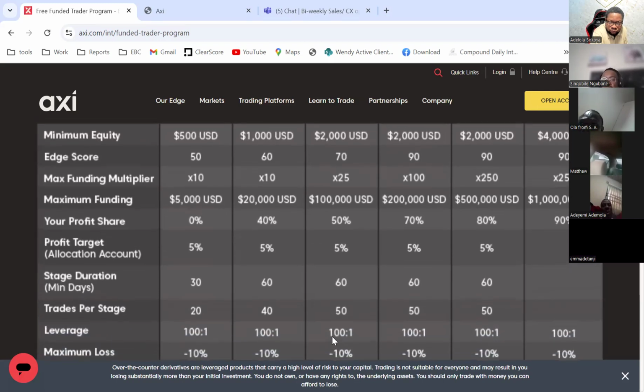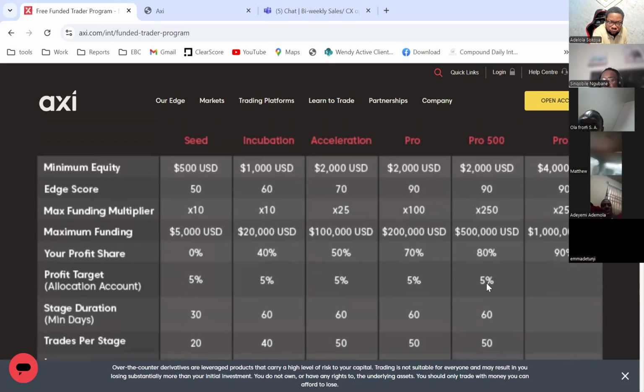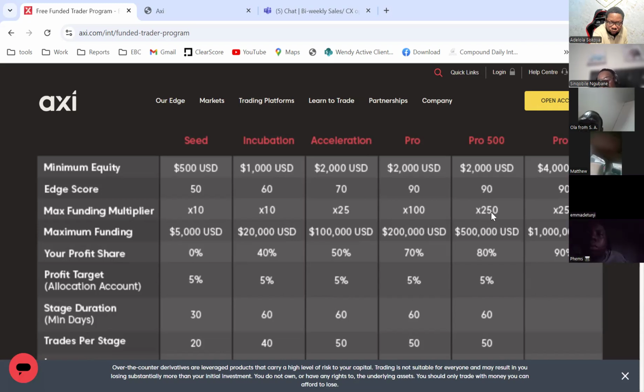But one thing I wanted to mention now, this is what you should focus on: the max multiplier. For example, let's say you are already on the Pro M, and on your $2,000 you just made $50. If you take $50 times 250, how much is that?